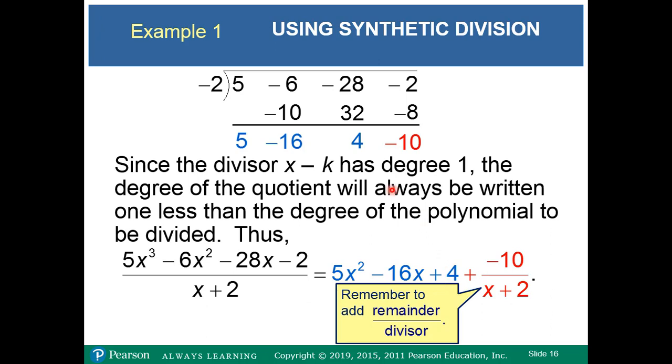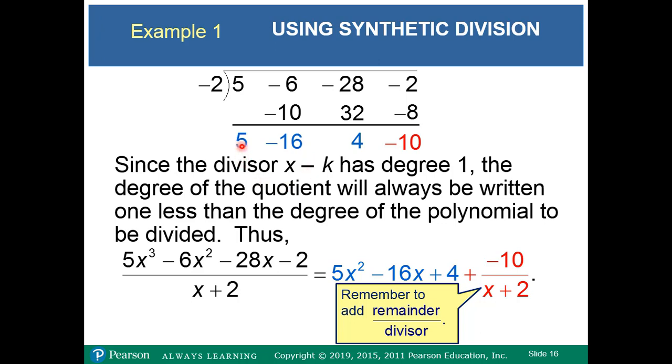Since the divisor x minus k has degree 1, the degree of the quotient will always be 1 less than the degree of the original polynomial. So these are going to be the coefficients of the resulting polynomial, which has a degree 1 less.